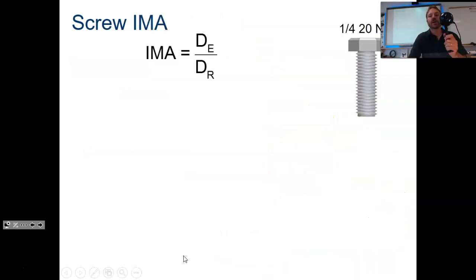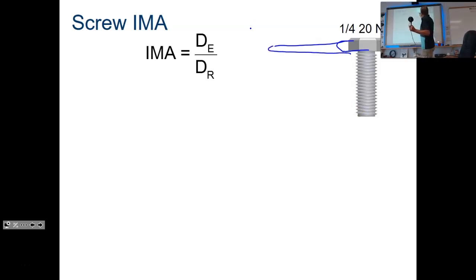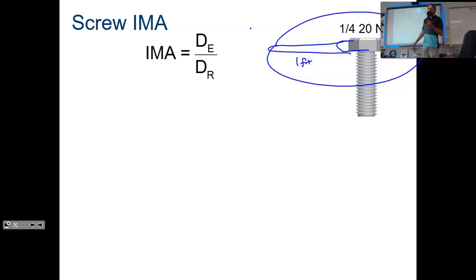In a screw, the distance that we exert depends on your wrench. If you put a wrench on a screw and you turn it all the way around once, it's the circumference that your hand moves. So your hand is going to move a really far distance. Let's say you put a 1-foot wrench on this thing. If it's 1 foot, it's going to go a really far distance.